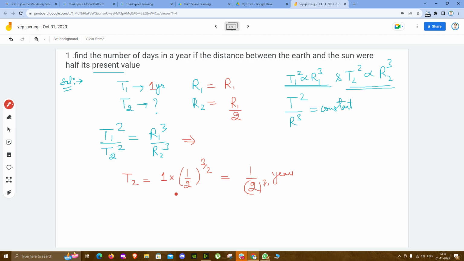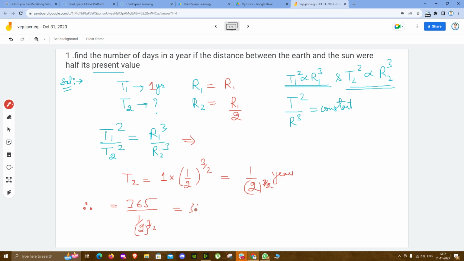So the number of days in a year, we know that. What is the number of days in a year? 365. So the number of days in a year is equal to 365. The new year, that is when the radius is half, will be equal to 365 divided by (1 by 2) raised to power 3 by 2.